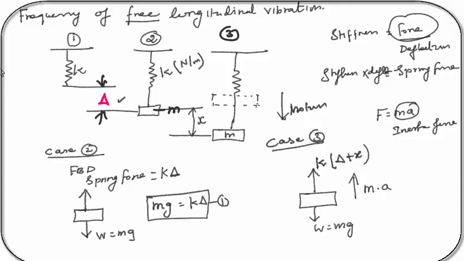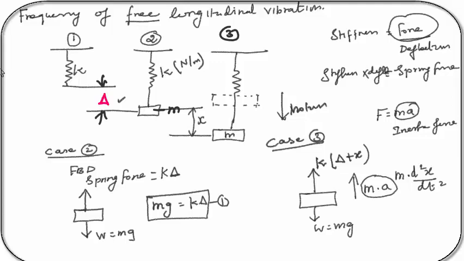In other words, we can write m into d square x by dt square. So instead of a, I can put d square x by dt square. So now the dynamic system becomes a static system because we have applied D'Alembert's principle here. That means we have considered the inertia forces in the system, so it becomes static.